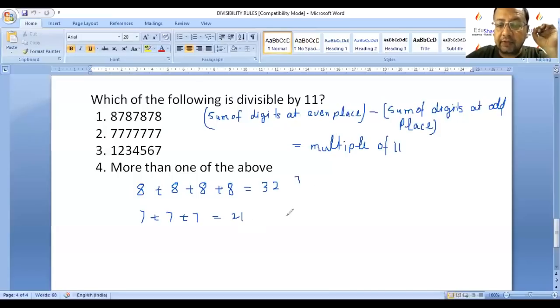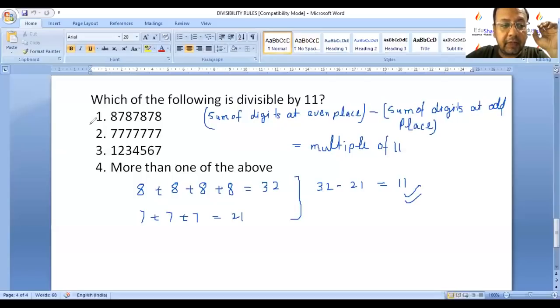Now I need to check the difference. So this is 32 minus 21, and the difference is 11, right? So this number will be perfectly divisible by 11, because the difference of the alternate place digit sums is a multiple of 11.